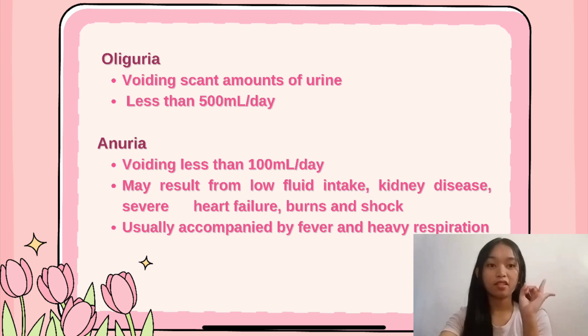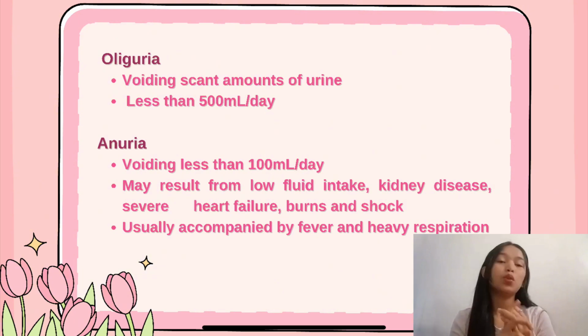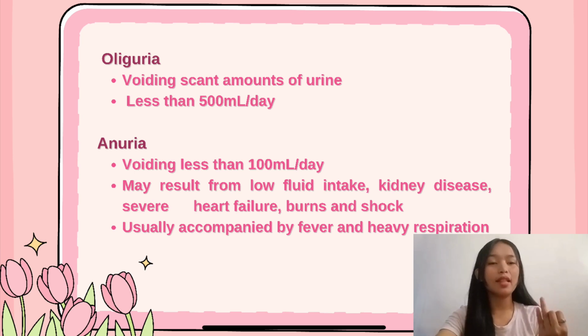Next is urinary tract obstructions. Any obstructions in the urinary tract, such as kidney stones, tumors, or scar tissue, can prevent urine from flowing properly and cause oliguria. The next is kidney problems. Conditions like acute kidney injury or chronic kidney disease can impair the kidney's ability to filter waste and produce urine.